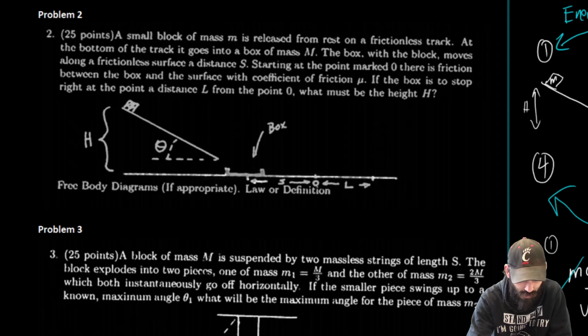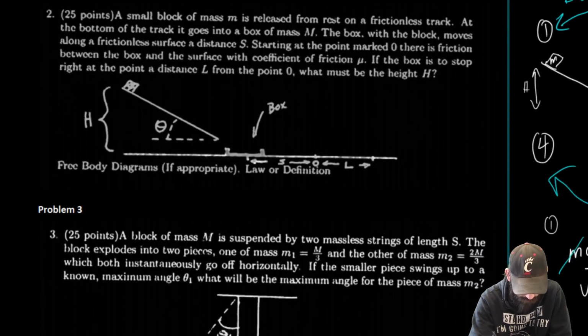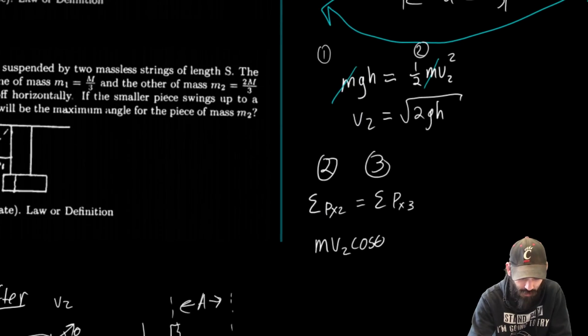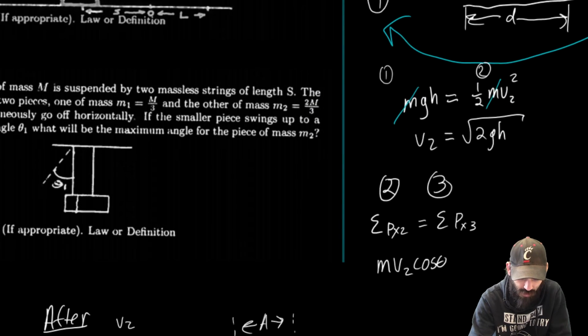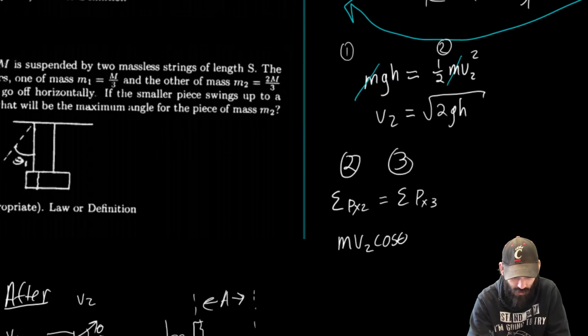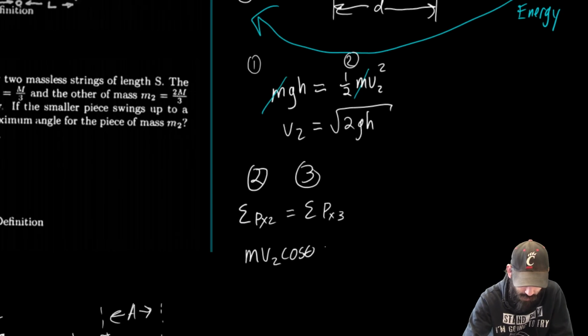So we have this angle of theta here, and the x component of the momentum is just going to be m v2 cosine of theta. This is going to be equal to the momentum in the next state, which is capital M plus m times v3.